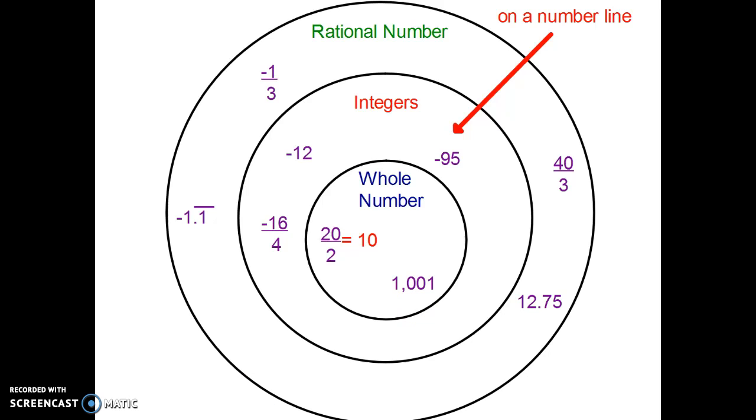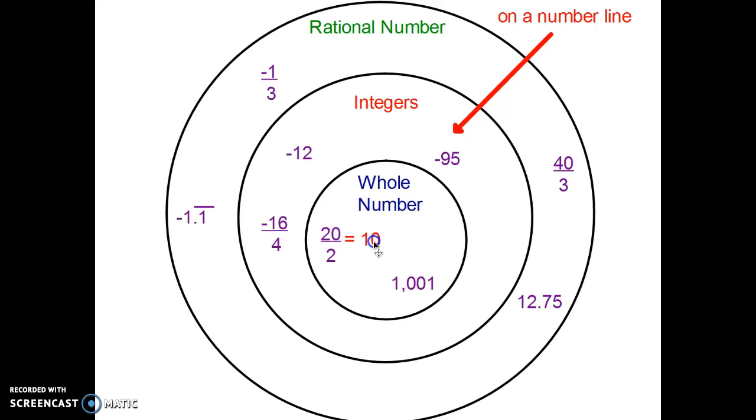So there we go. What's important to note here is that whole numbers are in the middle here. 10 is a whole number, but it could also be considered an integer. So just like you are in Miss Nicholas's class, but you could also be considered in Northbrook Middle School, 10 is a whole number, but it could also be considered a rational number.